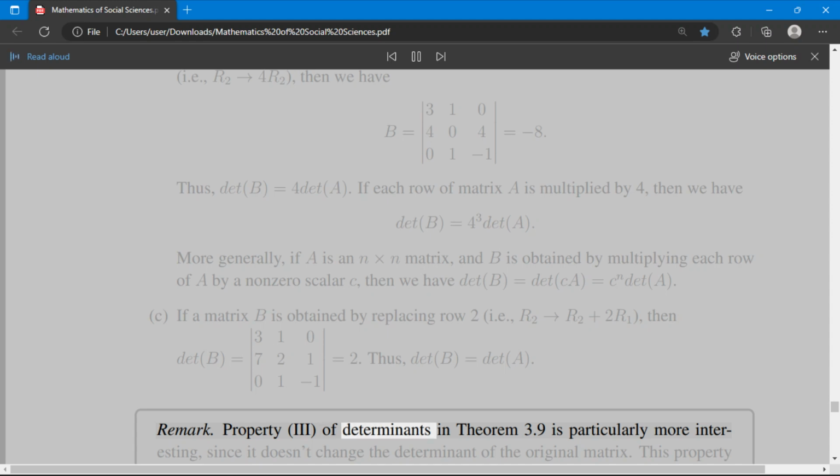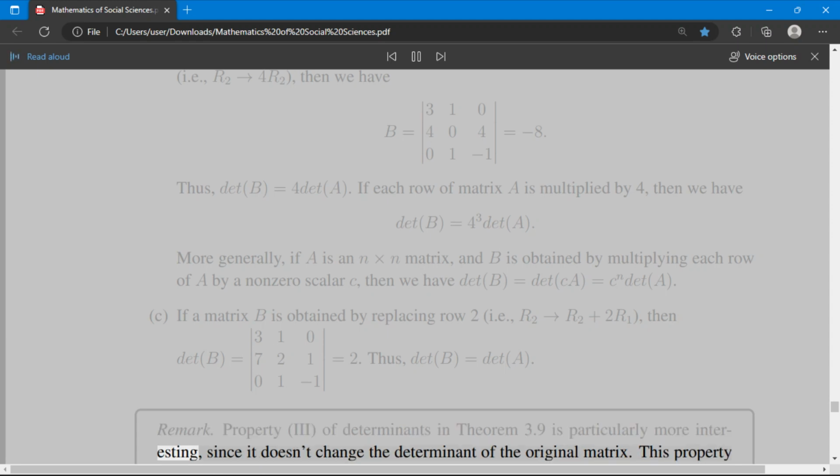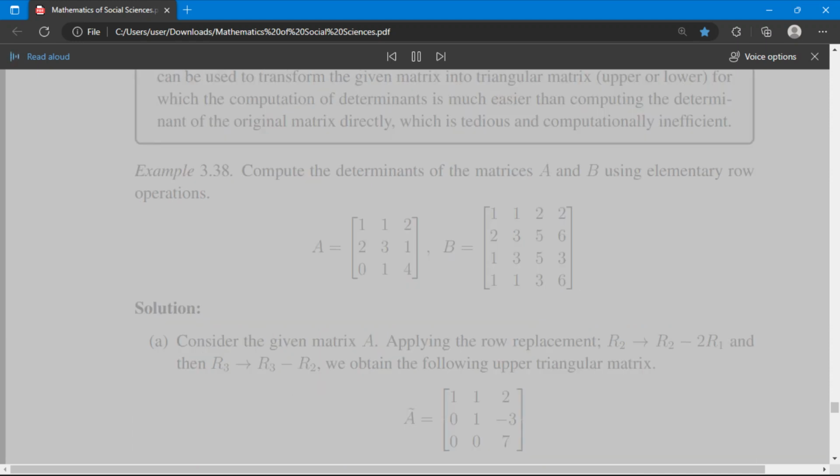Remark. Property 3 of determinants in Theorem 3.9 is particularly interesting, since it doesn't change the determinant of the original matrix.